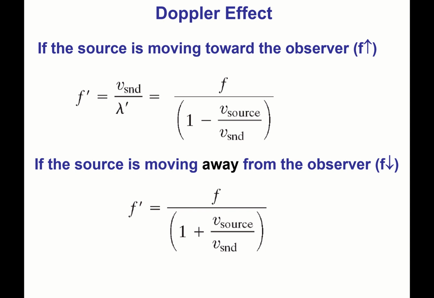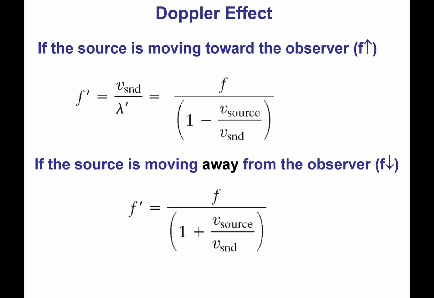If the source is moving towards the observer, we can calculate the frequency shift by how fast the source is moving. So this equation here shows you f prime, the new frequency, is equal to the old frequency divided by a factor that's less than 1 if it's moving towards you. So that's going to make it bigger, right? If you have a factor less than 1 in the denominator, it's going to make the number bigger.